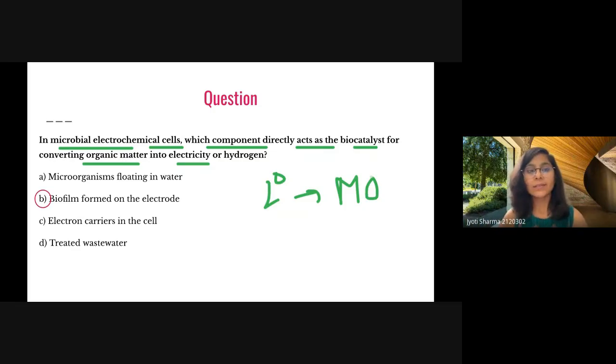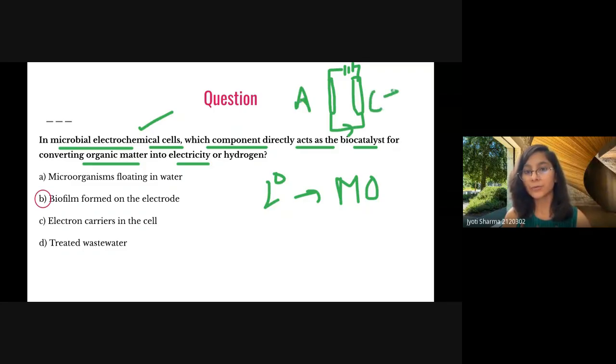The second thing is, if it is an electrochemical cell, it means we will have an anode and a cathode, which may or may not be attached to some voltage, and after that some charge will flow from anode to cathode, and this is how electricity is produced.